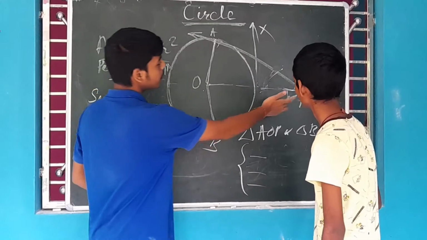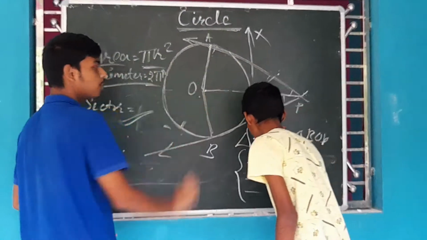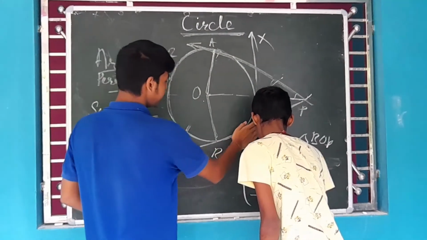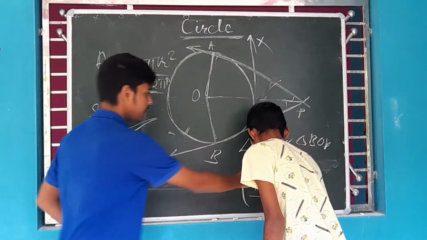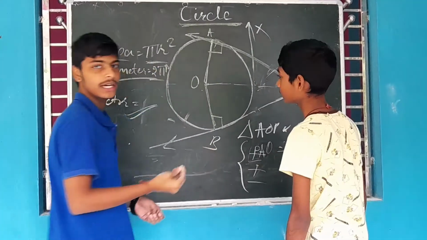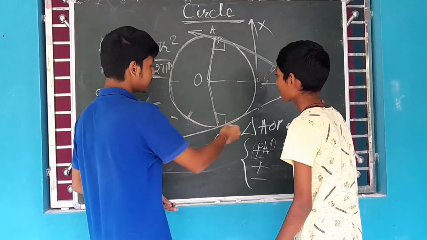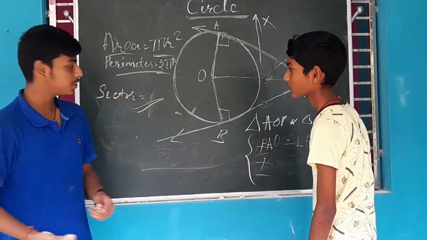We know that angle PAO and angle PBO are perpendicular to the radii at the point of contact, from our first theorem.